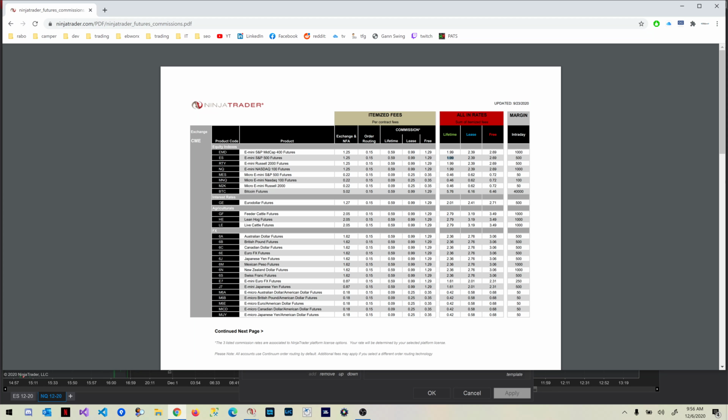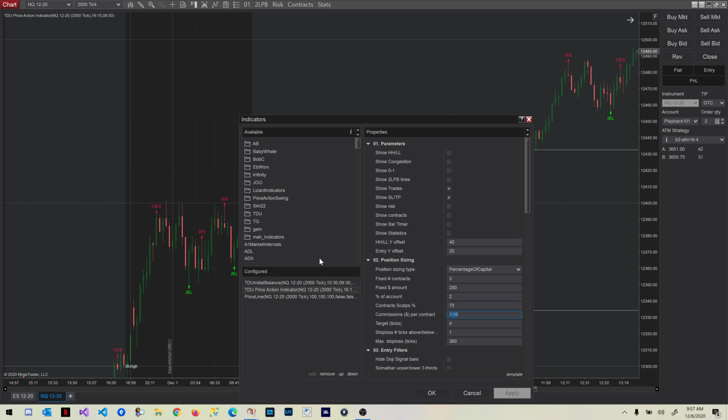But you can see for the lease it's a little bit higher. But if you go to the micro ES, like here, you can see it's 46 cents instead of 1.99. So that's something to look at. If you're using the stats, always make sure that your commissions are set correctly.